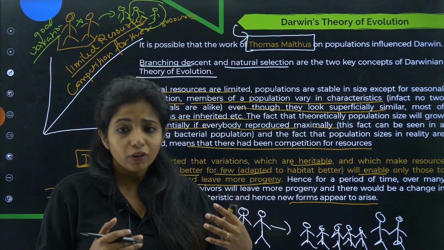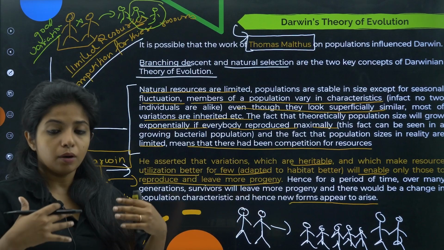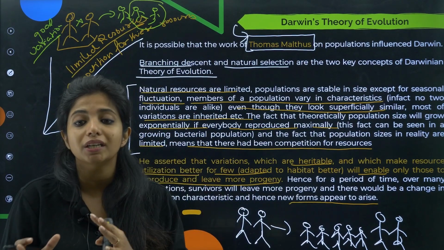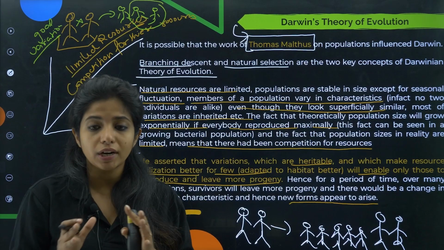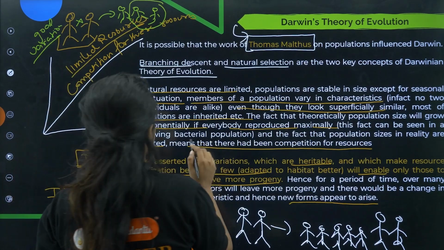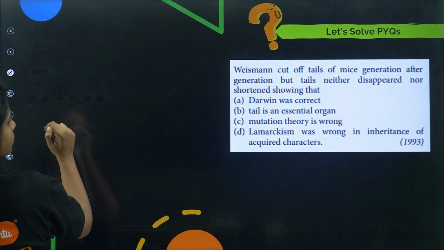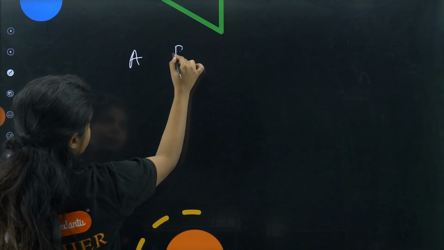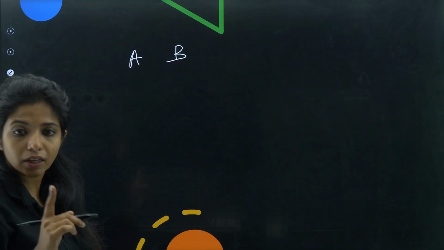This is how evolution takes place. Evolution does not always mean, for example, that a human is being formed from a monkey. Evolution also means whenever there is a change in genetic makeup. For example, there was an A allele and a B allele.